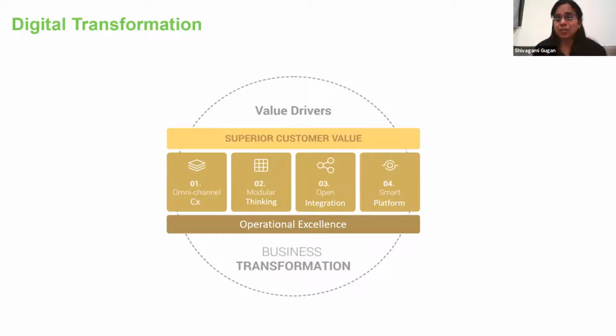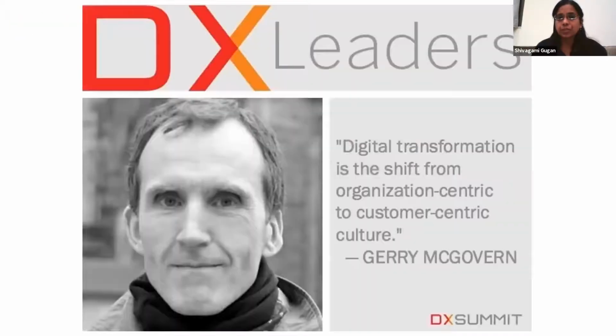And things we spoke about, like site reliability engineering, play a very, very important role in ensuring we achieve our transformation. So I completely agree with Jerry when he says digital transformation is a shift from an organization-centric view, not just an IT-centric view, to having a very customer-centric view. Yeah, so that's something that we have to keep remembering.